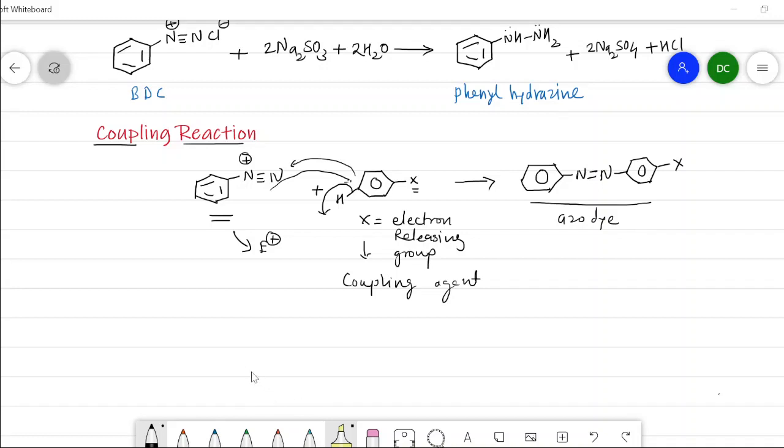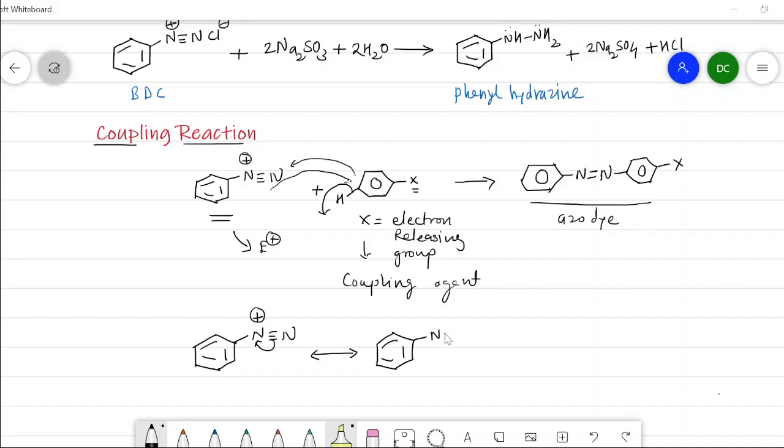For this mechanism, we have to write once again the benzene diazonium cation. Here there is a positive charge, we know that. It undergoes resonance, and in resonance, what happens? One of the pi bonds shifts the electrons onto the nitrogen so that it gives another structure.